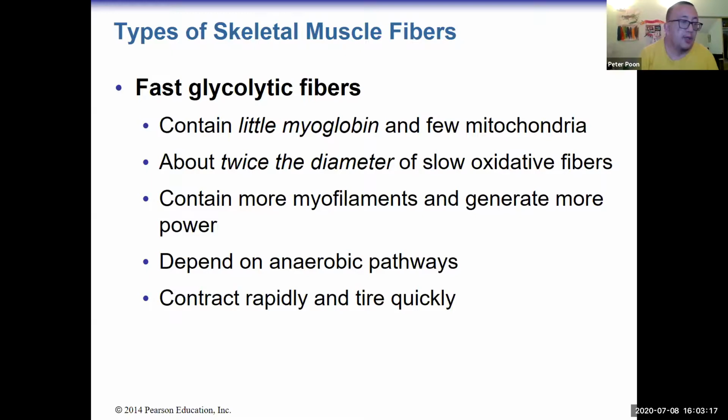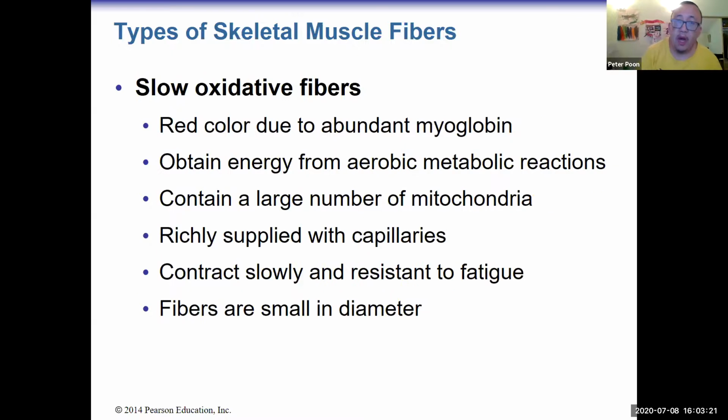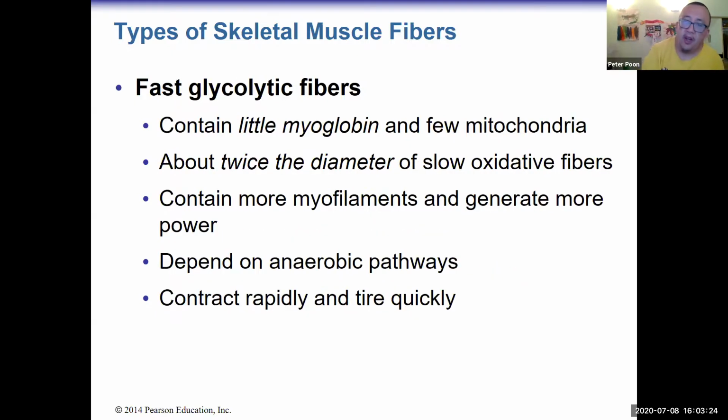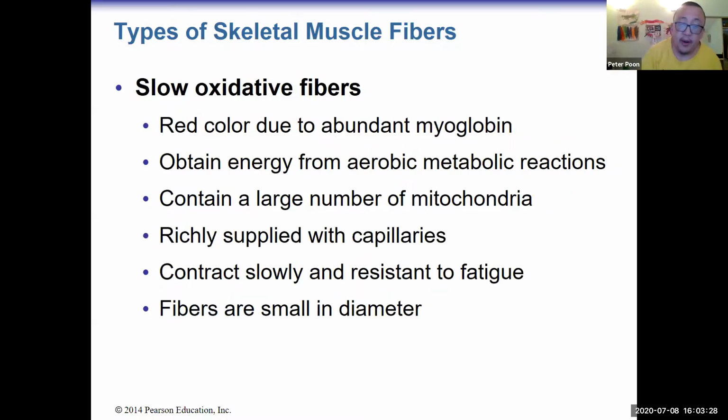So different people have different amounts of slow oxidative fibers and fast glycolytic fibers. We can actually train to increase either one, but most people have a ratio, and that ratio has genetic determinants to it. So some people will be better at different sports.